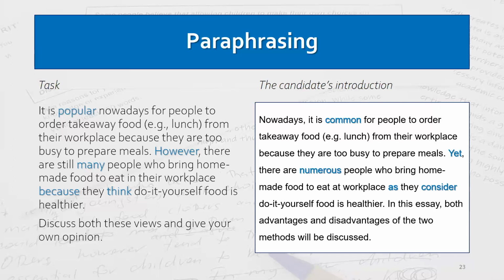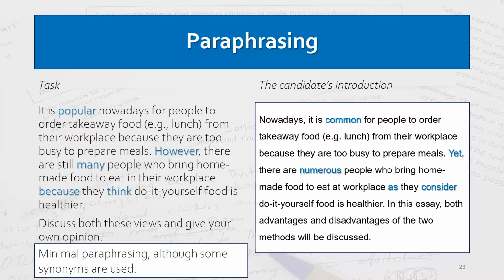But let's just focus on the introduction written by the candidate. As you can see here, the candidate has done a lot to paraphrase the task prompt because the sentence structures are almost the same.